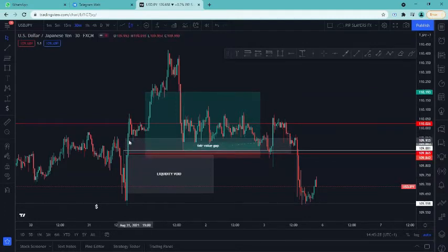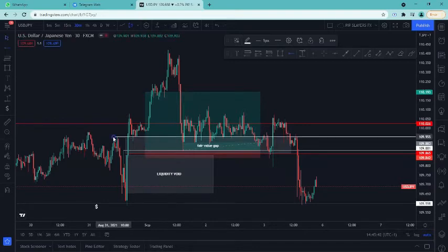Now, before this imbalance, there was another block. But this other block has been traded through, so it becomes a breaker block.